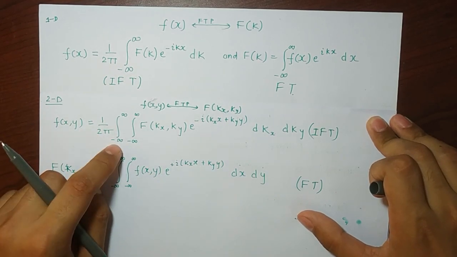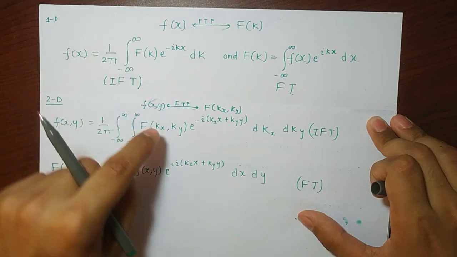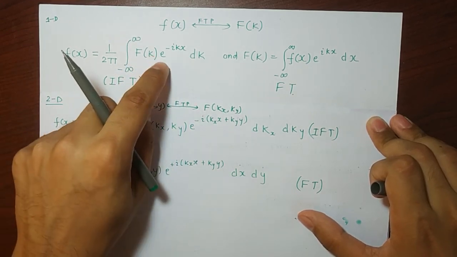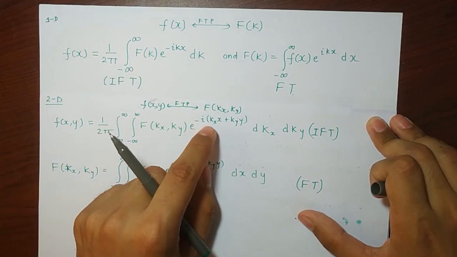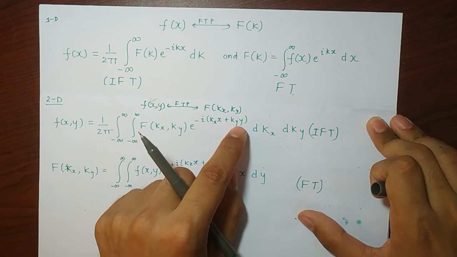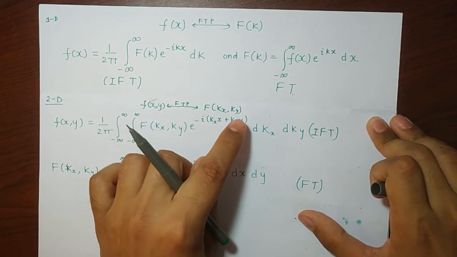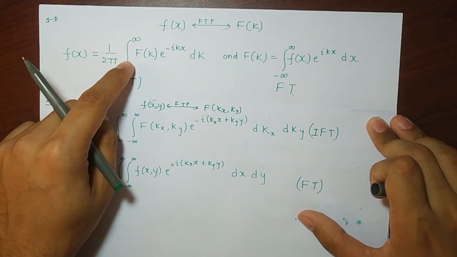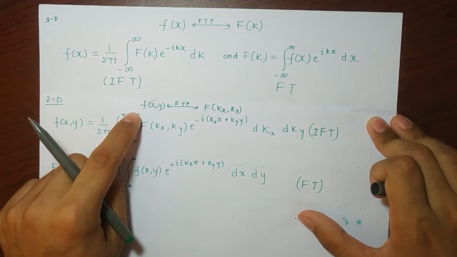So coming to the formula, this f of k is now f of kx and ky. This e to the power minus i kx is split into e to the power minus i (kx x plus ky y). Because of the introduction of a new independent variable, this single integral becomes a double integral, so it goes from minus infinity to plus infinity.